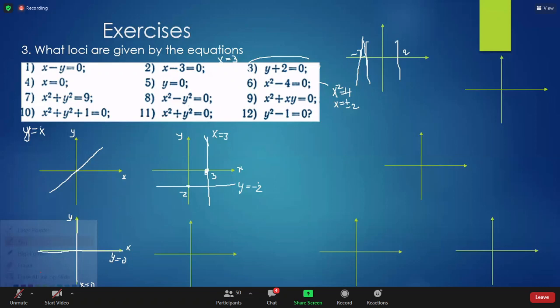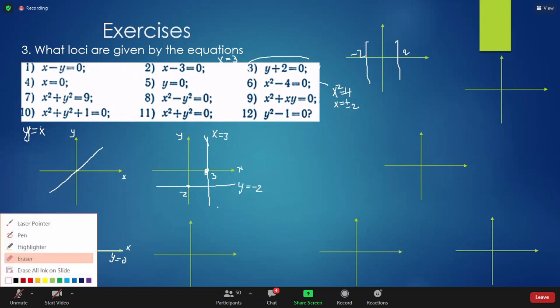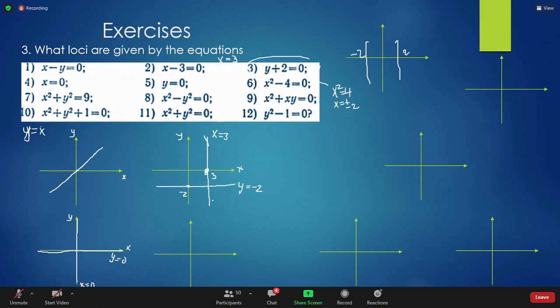Okay, a pair of parallel lines, because for all y values, x is either +2, that would be this line, or -2, that would be this line. So the locus of points described by this equation, number 6, is actually a pair of lines. We can use points on one line or points on the other line, and the 2 lines actually satisfy equation number 6. Now, number 7.